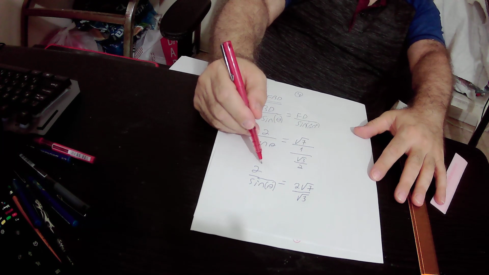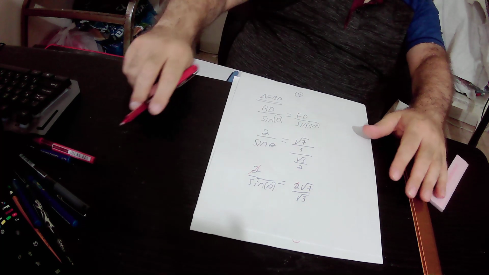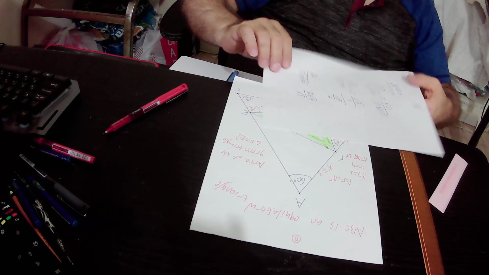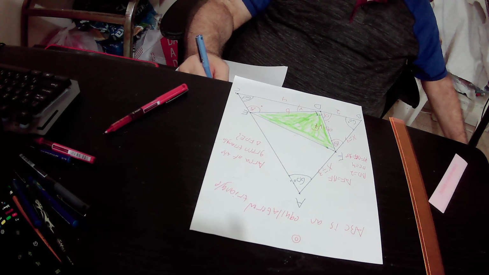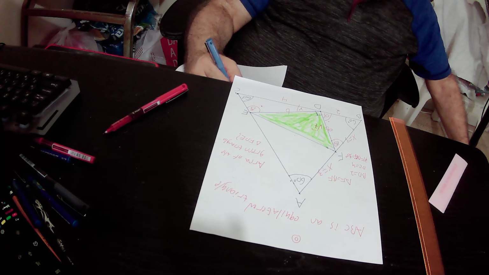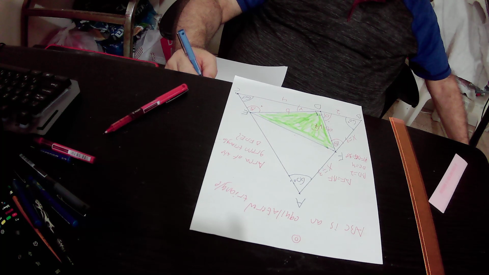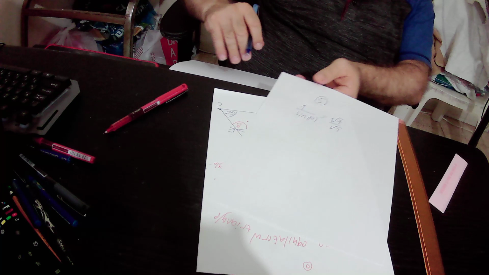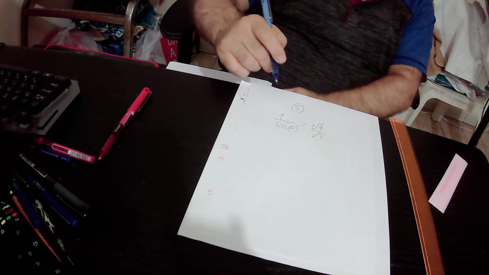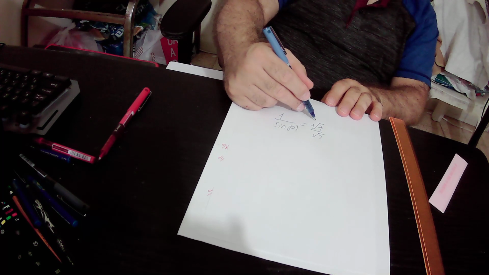So we can cancel 2, and what is left after we cancel 2 is 1 over sinus theta equals root of 7 over root 3.